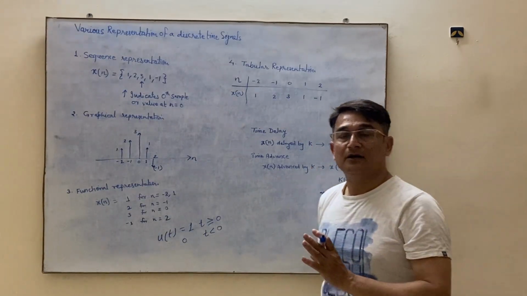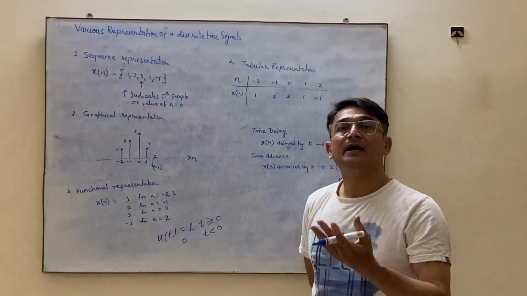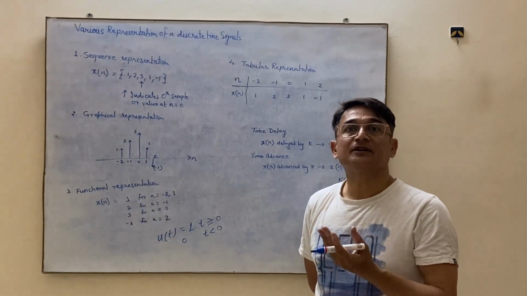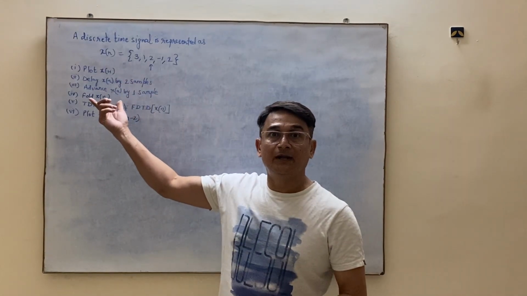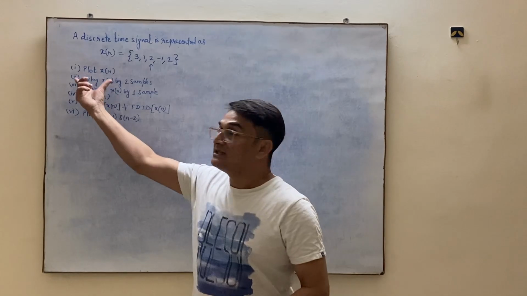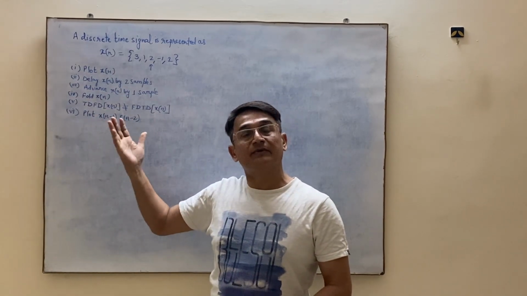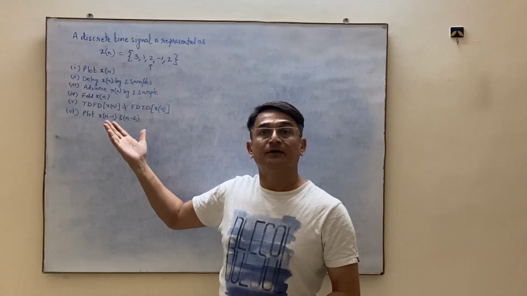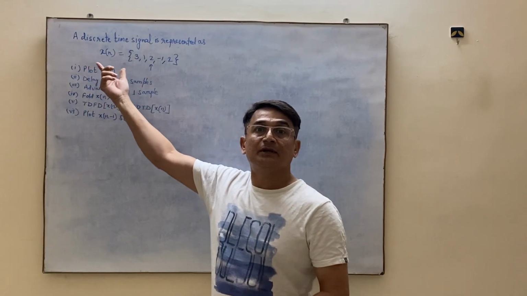Now we will take a numerical question and solve it by performing various operations on it. So let us take this numerical and we will solve all these 6 points. After solving all these 6 points, the concept of various operations will be understood very easily. So the question would be something like this.